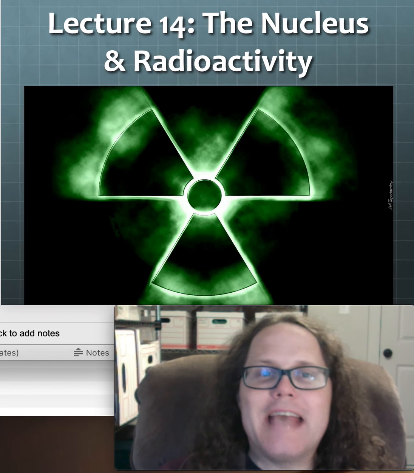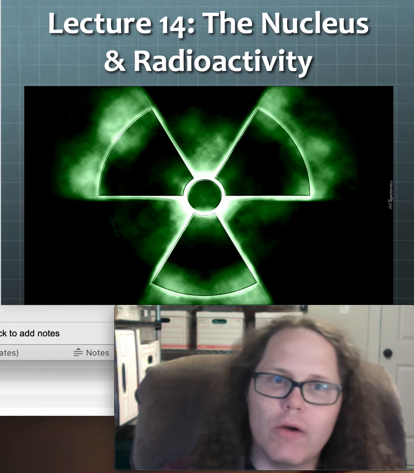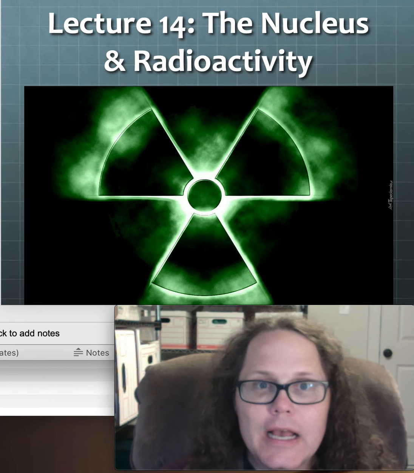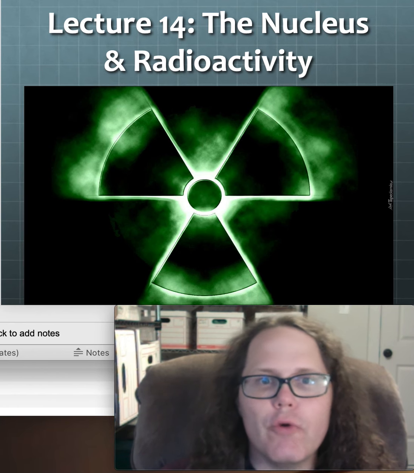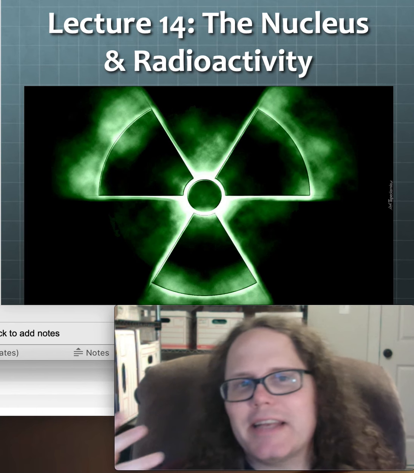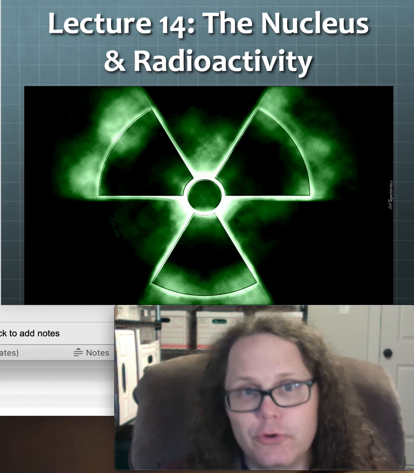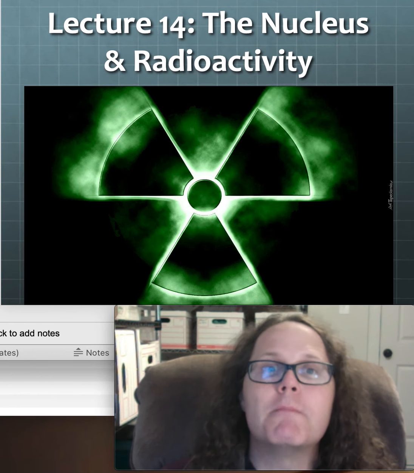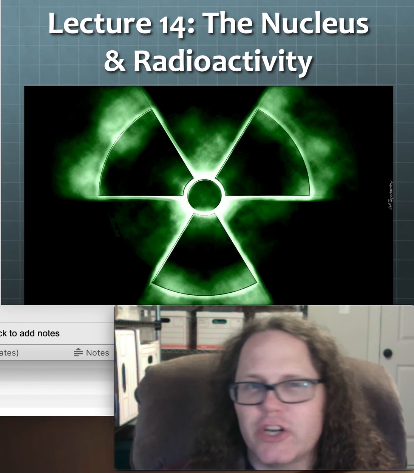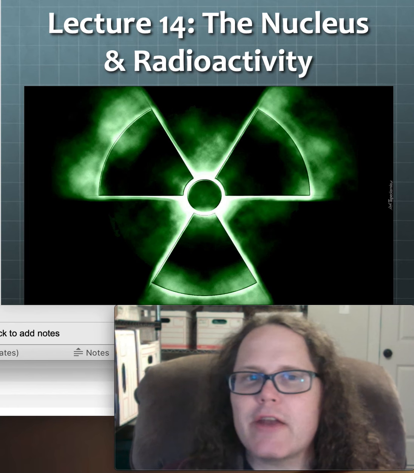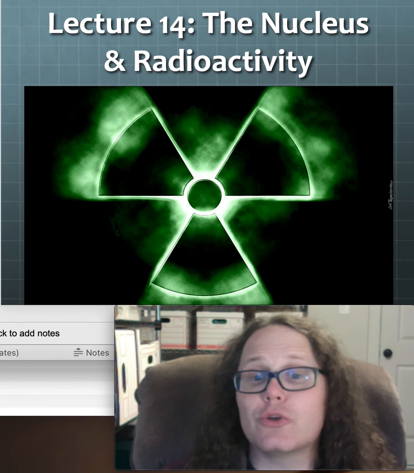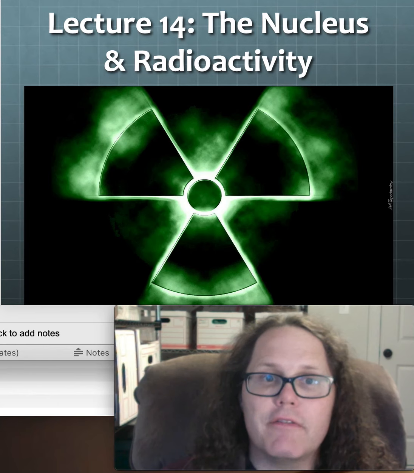When you put gasoline in your car or coal in your power plant or natural gas in your stove, in other words, when you extract energy by burning something, you are converting chemical energy to whatever form of energy you need. In a chemical reaction like combustion, you are taking energy from the electrons surrounding the nucleus of the atom.